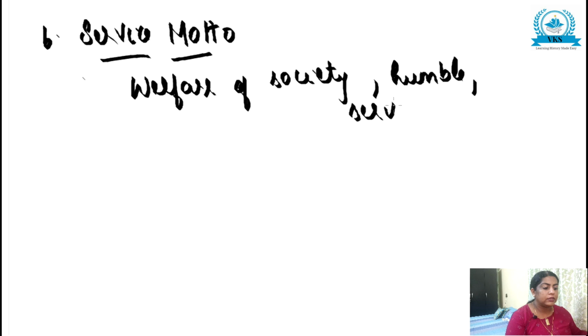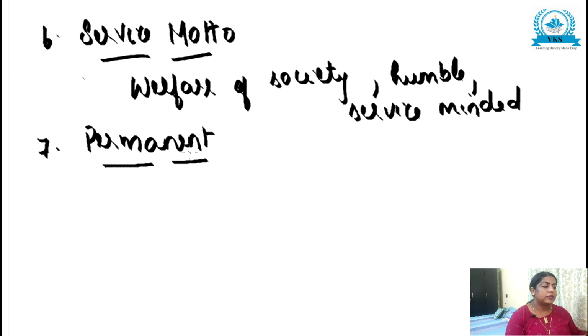Their motto should be serving the society. They should have humbleness when they work towards the public. They should not be authoritative. They should work for the service of the society. So that is the sixth point. Now the seventh point is permanent.